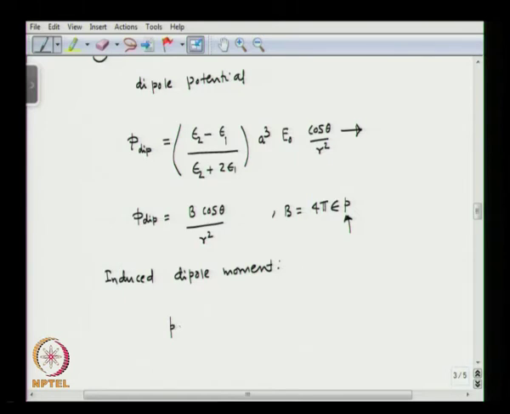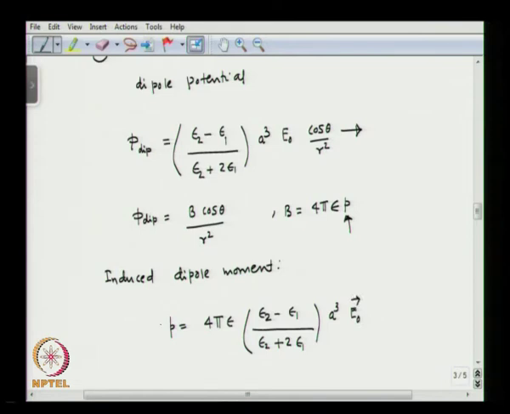P is going to be 4 pi epsilon into epsilon 2 minus epsilon 1 divided by epsilon 2 plus 2 epsilon 1 into a cube into electric field.